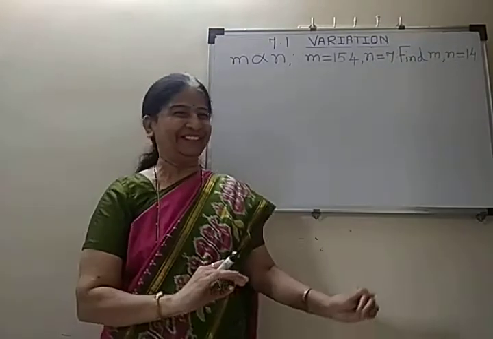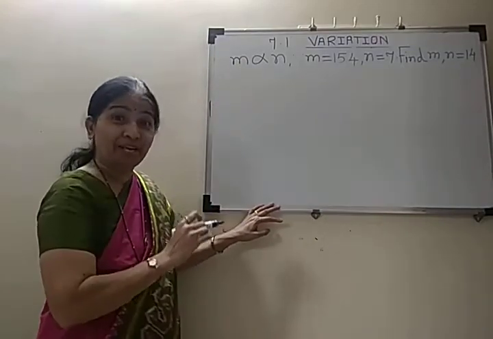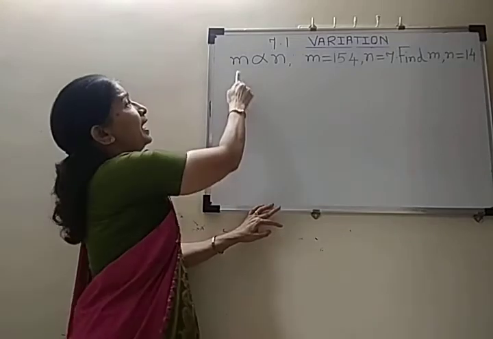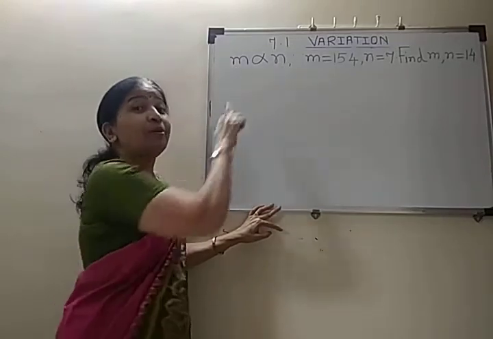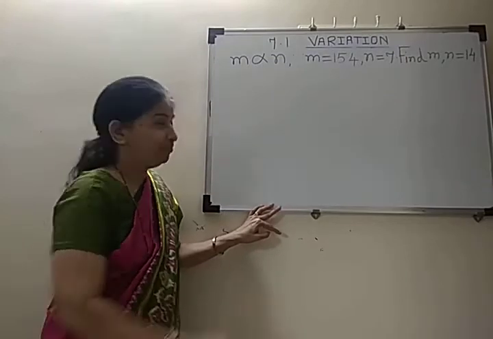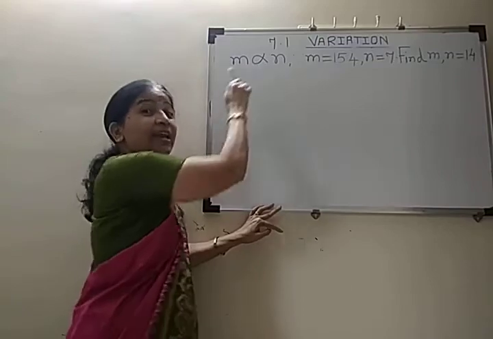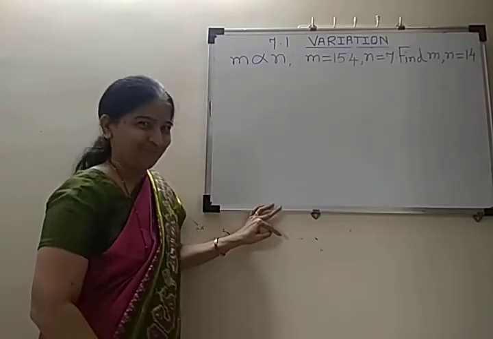Good morning. Now see the next example in 7.1. They are saying M is directly proportional to N. This one is the symbol of variation, alpha, a Greek letter.